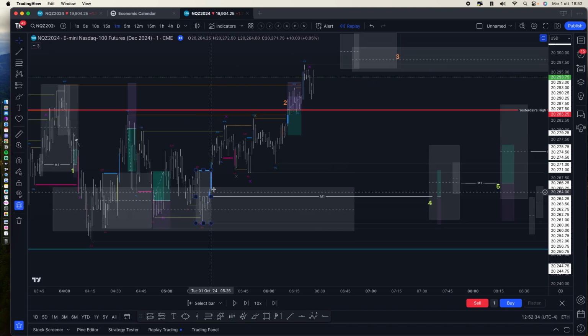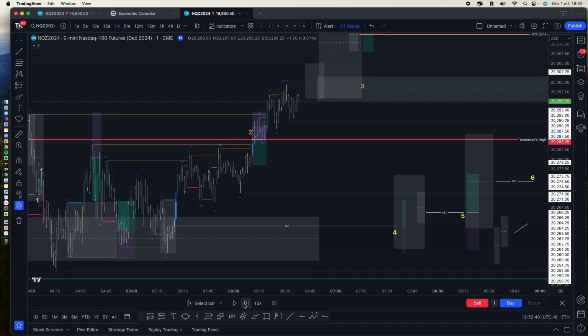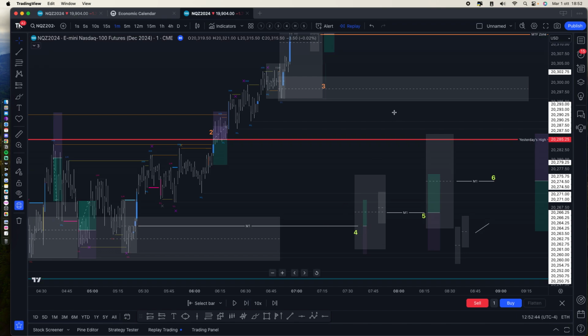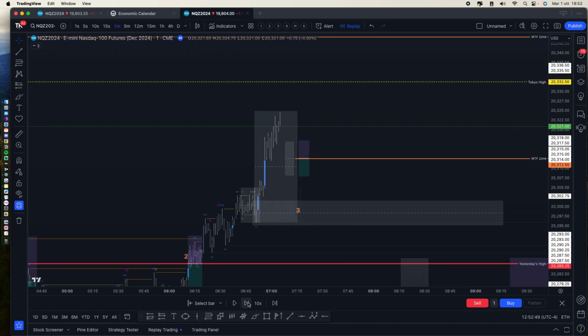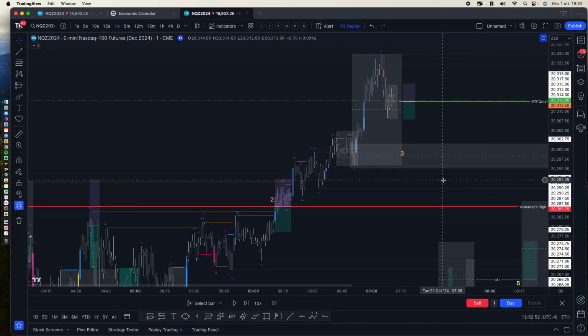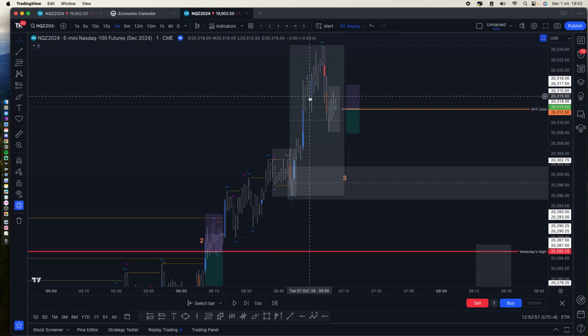But anyway, we create the zone and move ahead. Here we don't have any zone to trade. We go higher, and we create the zone, which I really like, because we have a strong displacement.